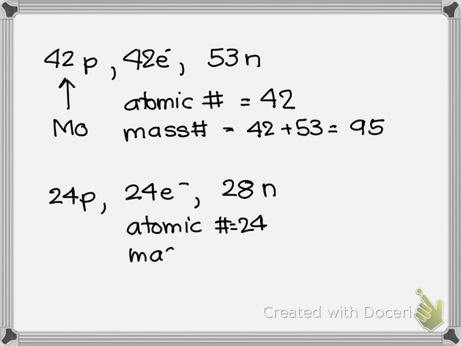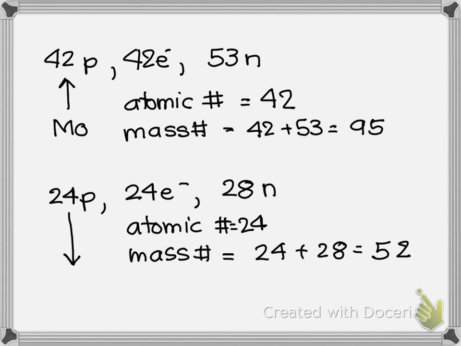Its mass number equals 24 plus 28. I'm not very good at adding, so that's what, 52, right? And if you want to know what element it is, the atomic number tells us the element. So if I find element 24, I would have chromium, or Cr.